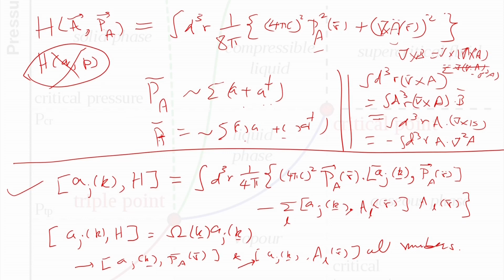Okay, so since these commutators are just ordinary numbers, we expect the further commutators with this and other objects to be 0. Now, look what we have done here. We have taken the Hamiltonian, we have found the commutator with respect to the annihilation operator. Well, this is expressible as a linear combination of the canonical position and the canonical momentum.